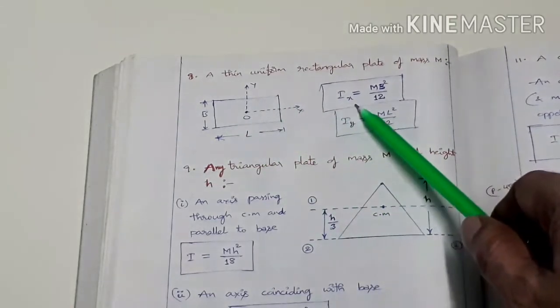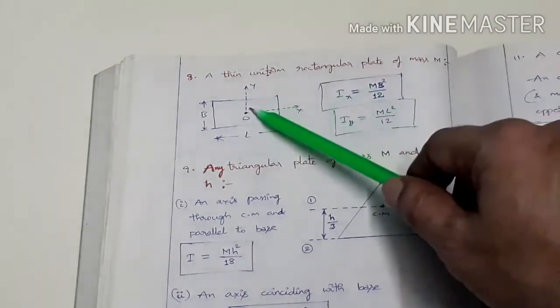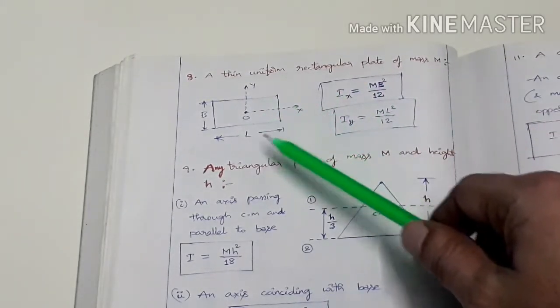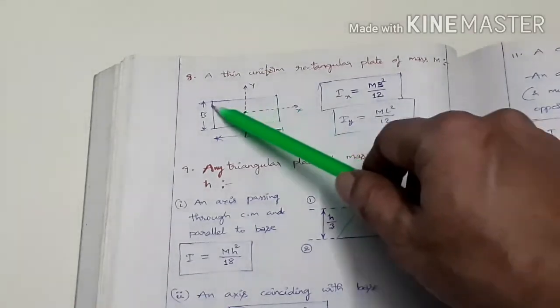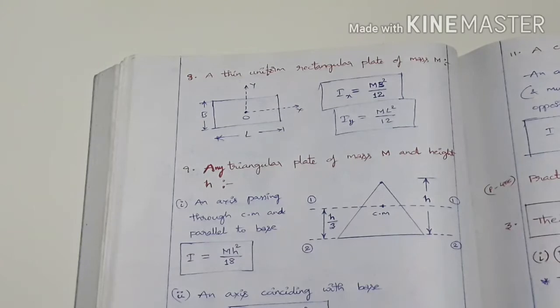Therefore, Ix equal to M B square by 12 because it is cutting the breadth B. Similarly, moment of inertia about the y-axis: it is cutting the length. Therefore, Iy equal to M L square by 12. So you can easily remember this one, for square as well as rectangular lamina, where the axis of rotation lies in the plane of the lamina.